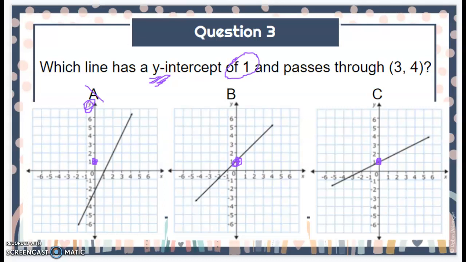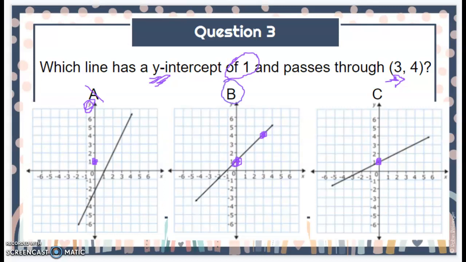So I'm going to start at the origin, and this is a positive 3. So I go to the right 3, not a very good arrow, that's okay. I go 1, 2, 3, and then that 4, because it's positive, states that I need to go up 4, because it's my y value. 1, 2, 3, 4.